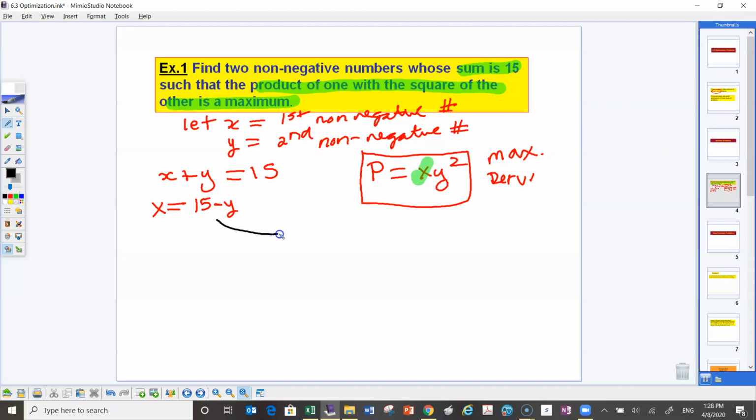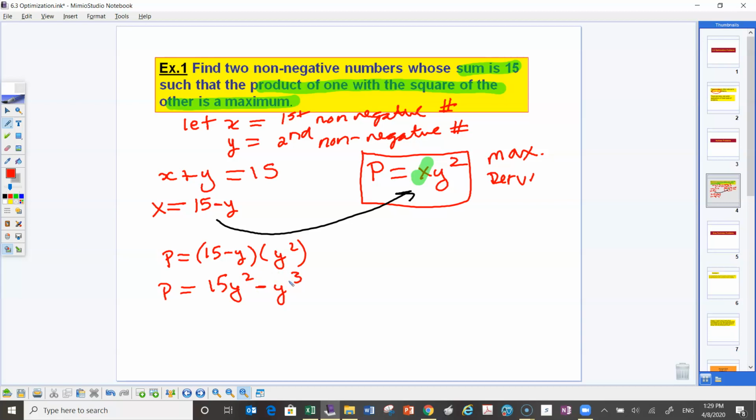And then I'm going to substitute it in place of x. So my product is going to equal 15 minus y times y squared. If I multiply these together, I get 15y squared minus y cubed. So there I have my product in terms of y.